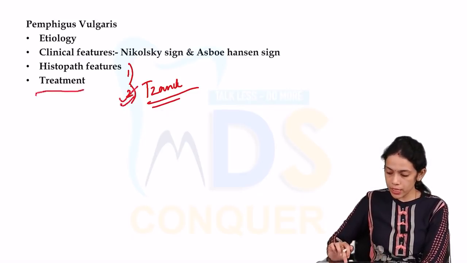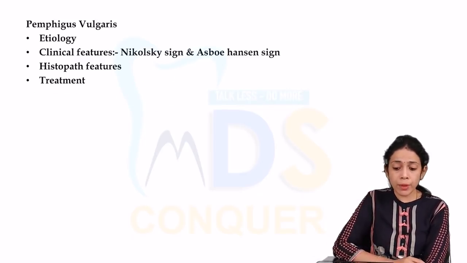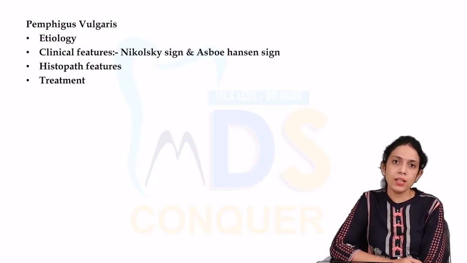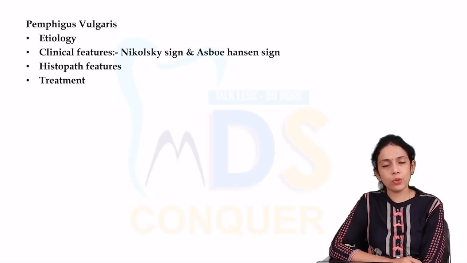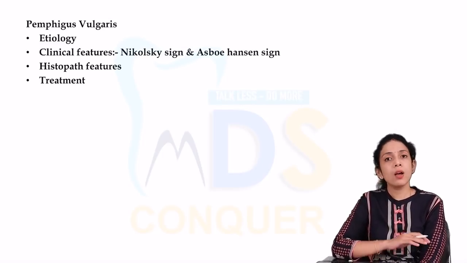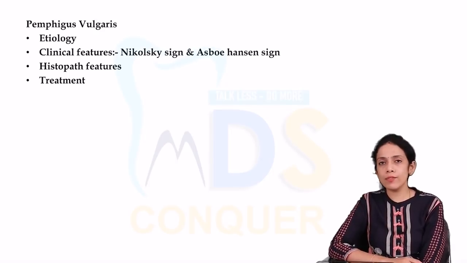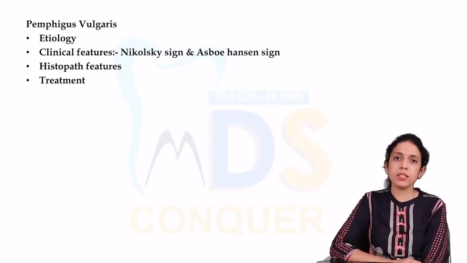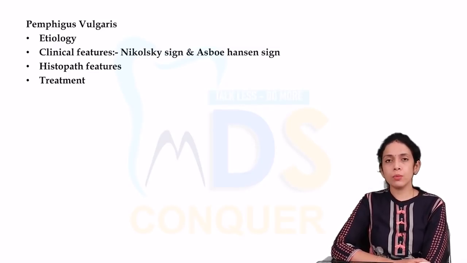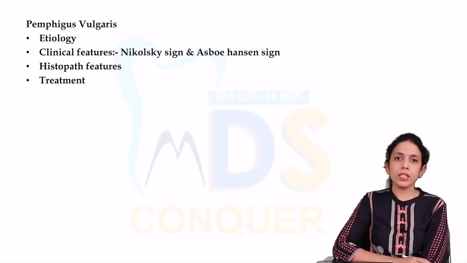Next, coming to the treatment aspect. Since it's an autoimmune disease, you can go for steroids. If it is a very mild case, you can simply treat with topical steroids like triamcinolone acetonide. But if it is a severe case, then you have to go for systemic steroids, because steroids have an immunosuppressive action as well as an anti-inflammatory action.